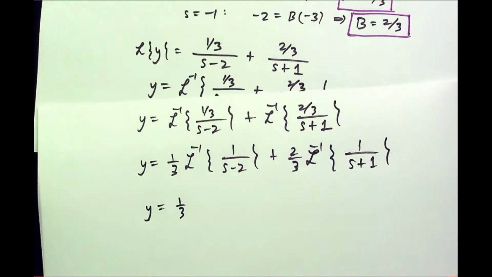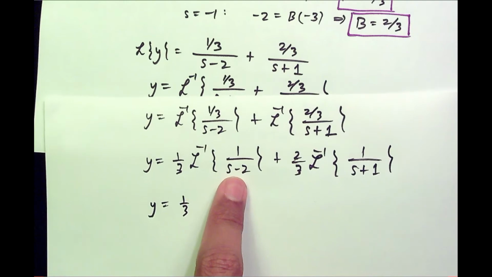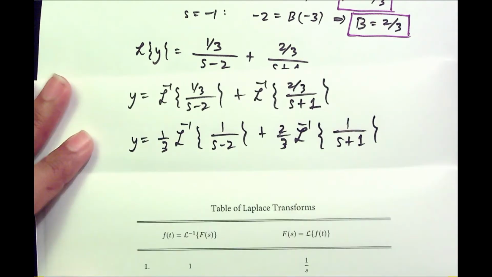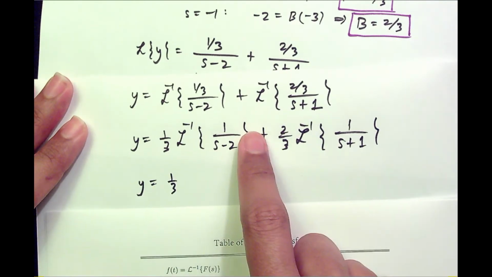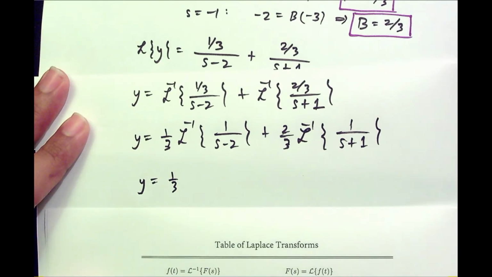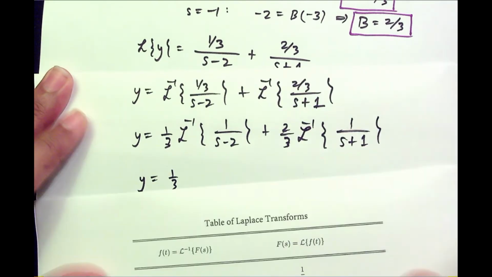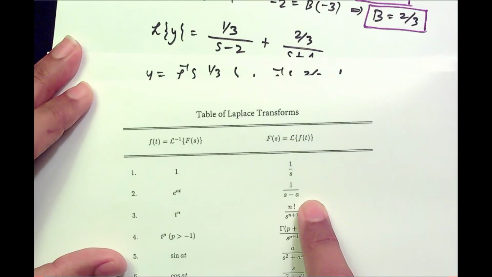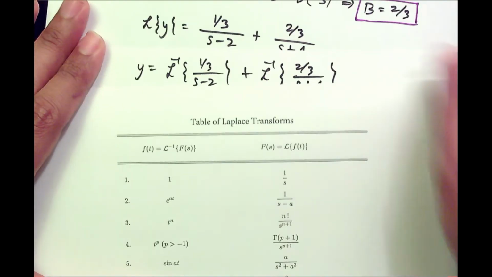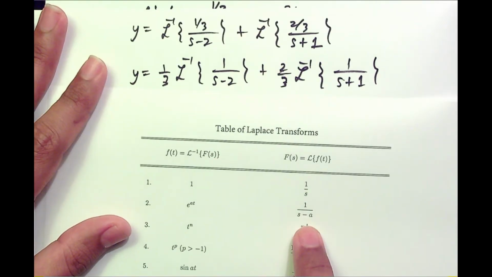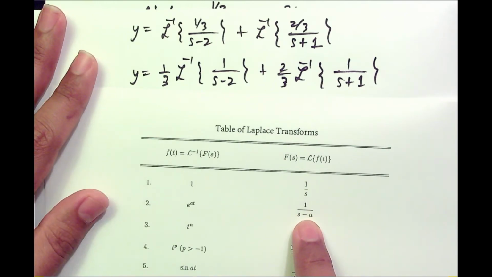Now we can look these ones up. These ones do appear in the table. If you look at the table, we're looking for something of the form 1 over s minus 2. And if you look at that, there it is: 1 over s minus a, where a equals 2.